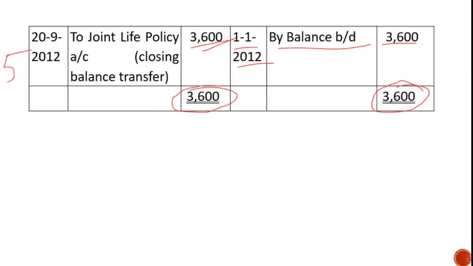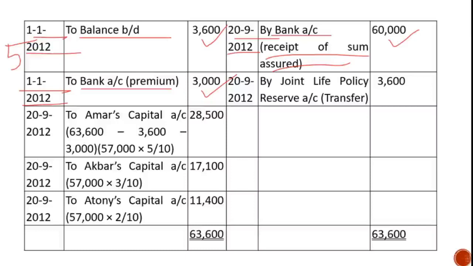Now we'll go to the completion of the joint life policy account. We have done it partially. On 29/2012, joint life policy is 3600. So this is the reverse entry. Now the total, 60,000 plus 3600, is 63,600.